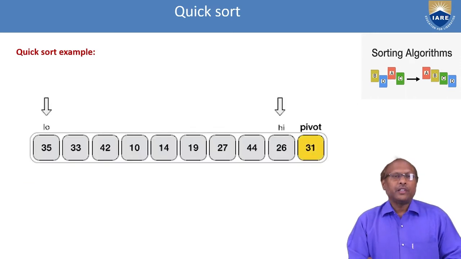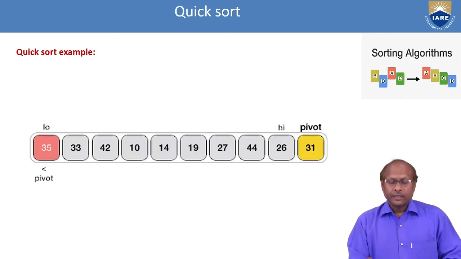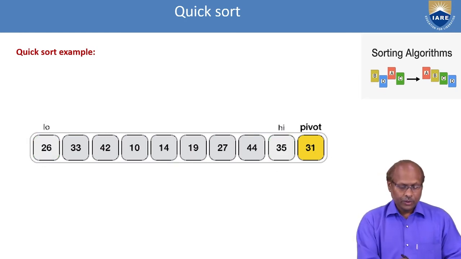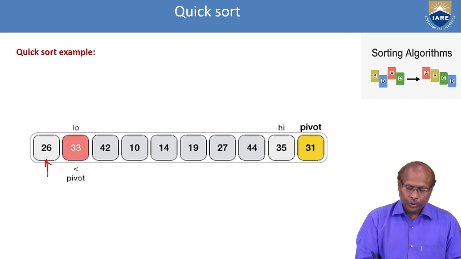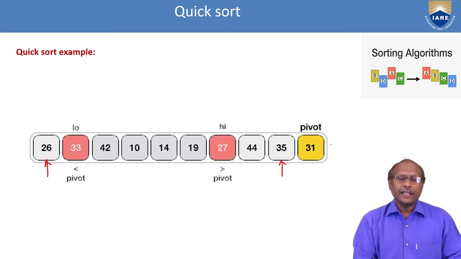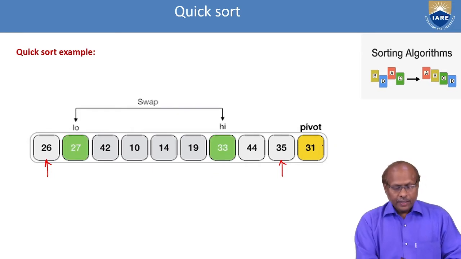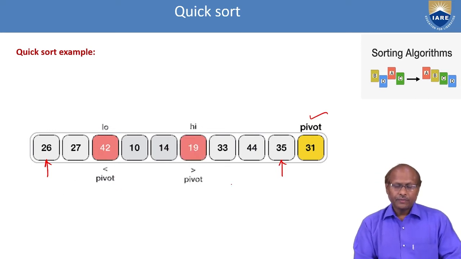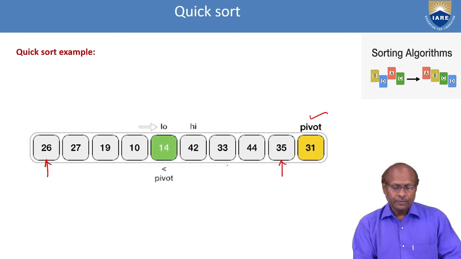You can see a small demo here of how the partition works. It takes low as well as high, compares low with high, and compares with the pivot element. Now you can observe how it is doing.